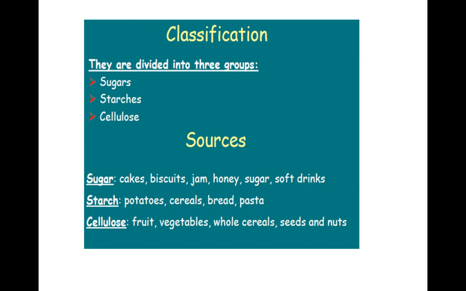Starch is present in abundance in cereals and millets, for example wheat, rice, potatoes, cereals, bread, pasta, maize, suji. Third, cellulose: fruit, vegetables, whole cereals, seeds and nuts.